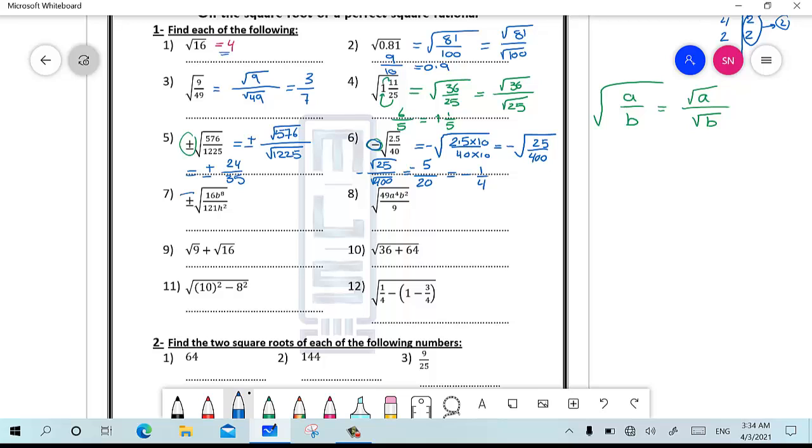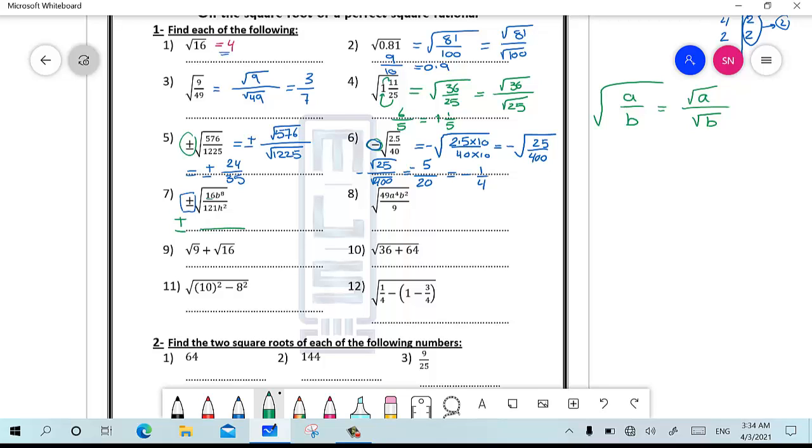Again, I'm looking here for positive negative, so this means I'm looking for the two square roots of the number. Positive negative square root 16 b to the power of 8 over 121 h to the power of 2. So I'm going to find positive, negative, and let's begin.